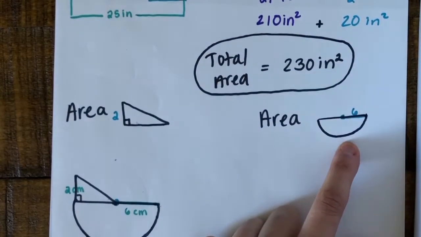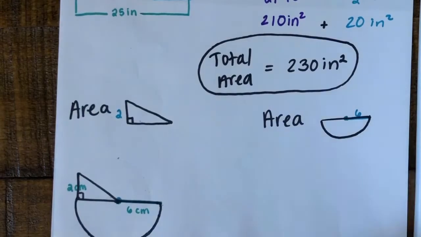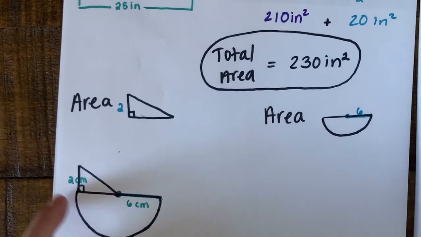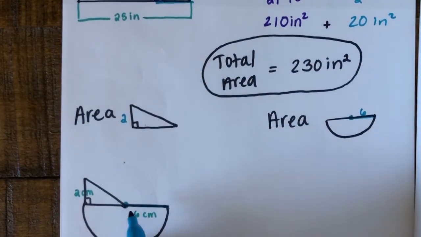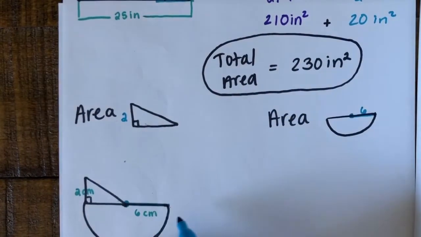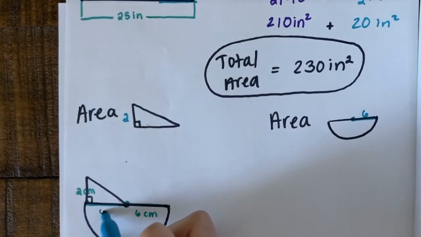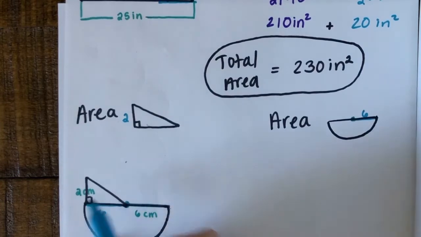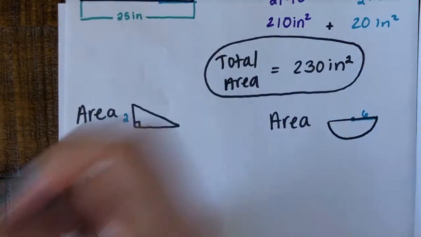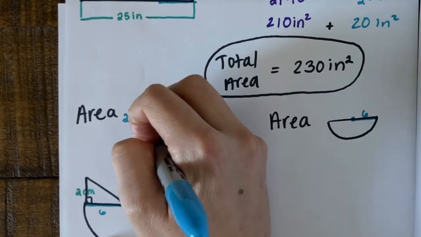And that'll help me find the area, because all I need for the area of a circle is a radius. But it's also going to help me find the base of this triangle. If this is 6 centimeters here, a radius, this side is also 6 centimeters, because it's also going from the center to the edge. So that means the base of my triangle is also 6.